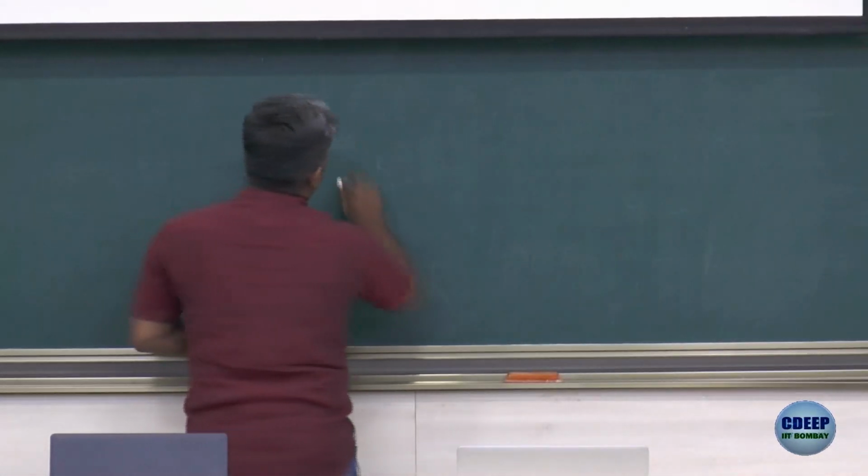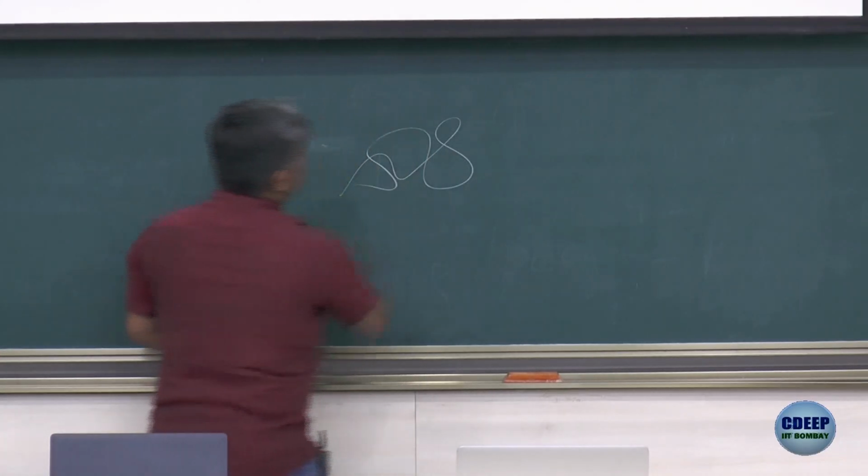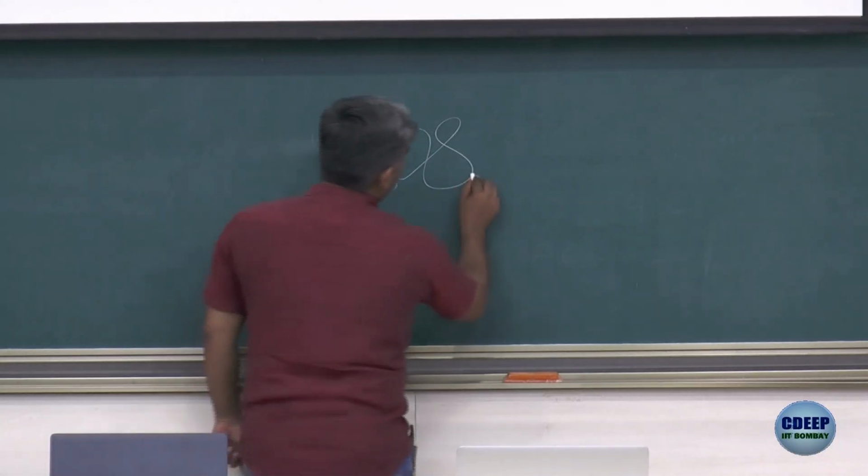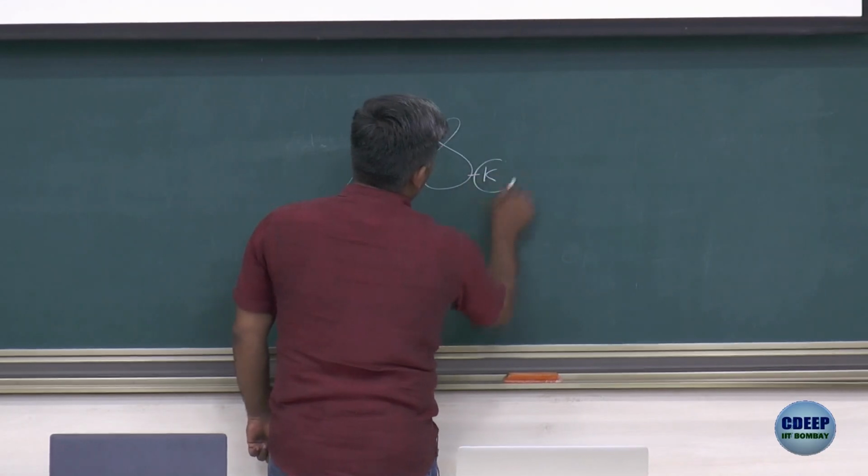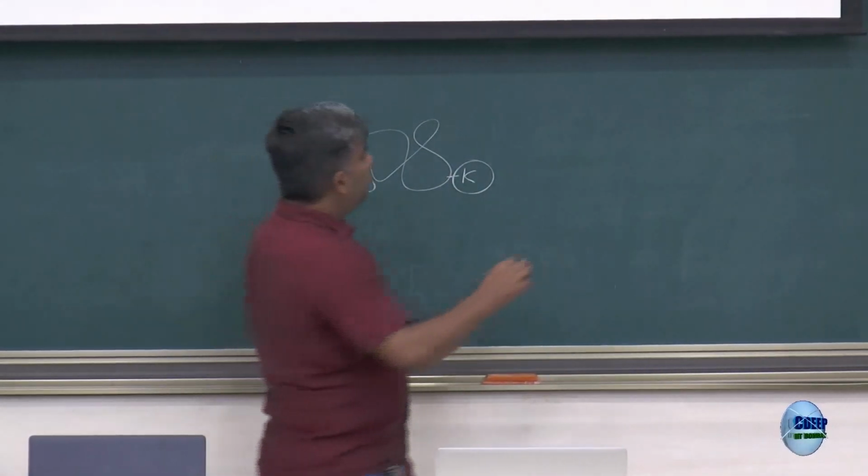So let's say you have a protein. Here there is a lysine residue. You have ubiquitin.